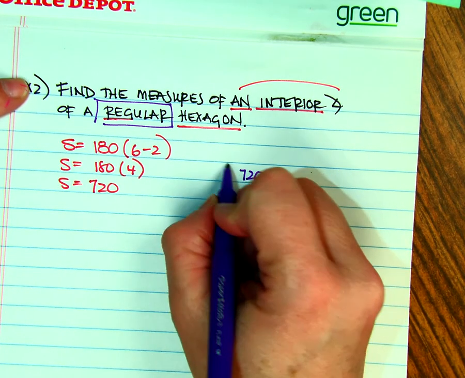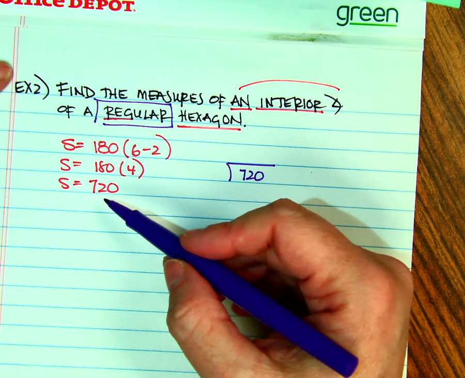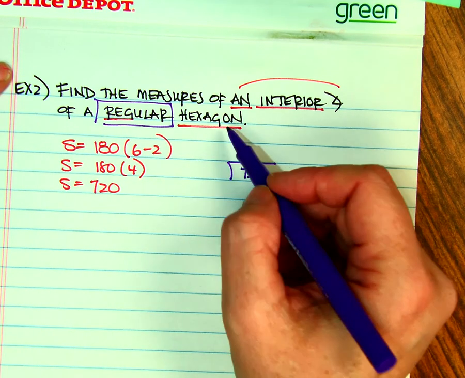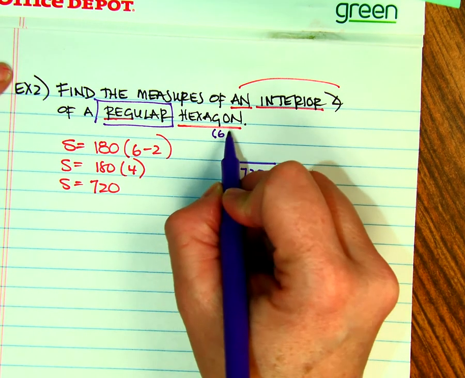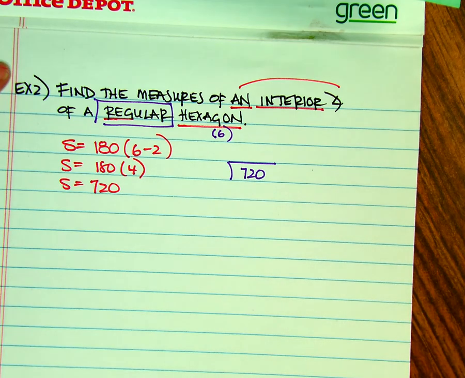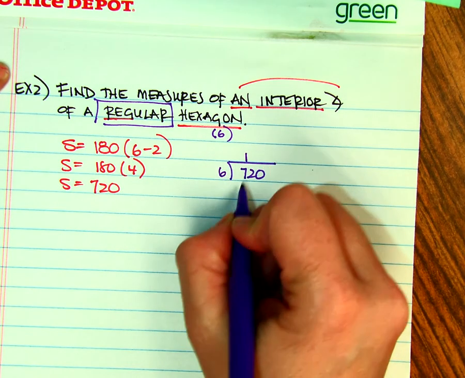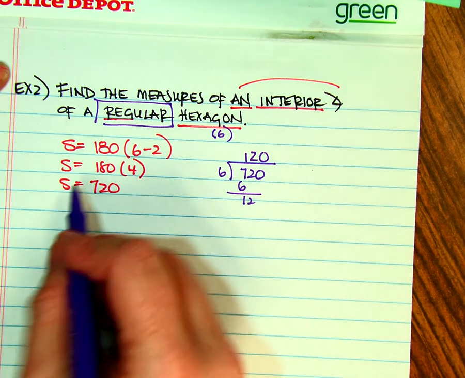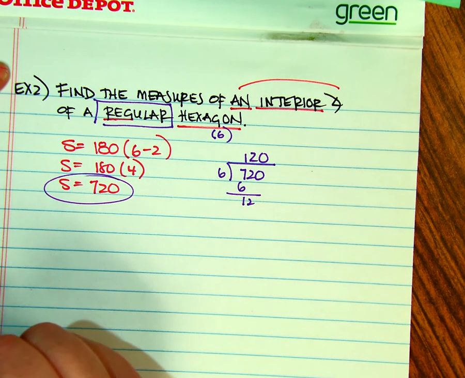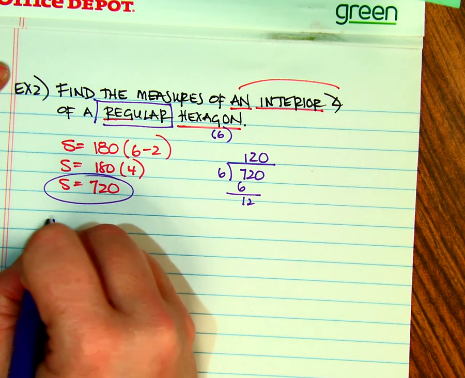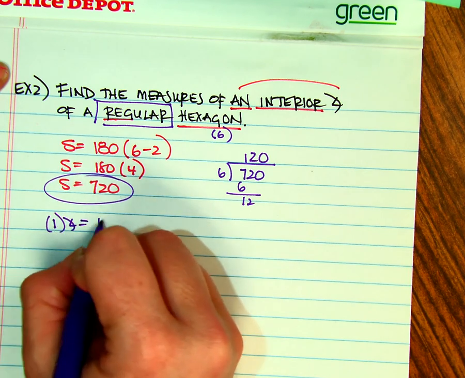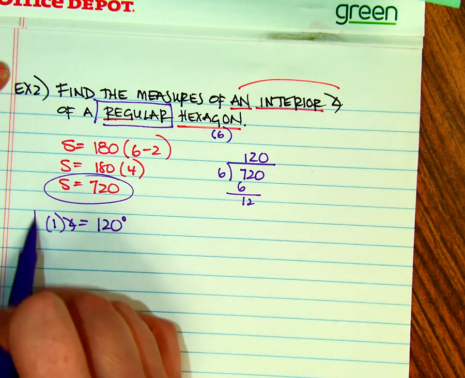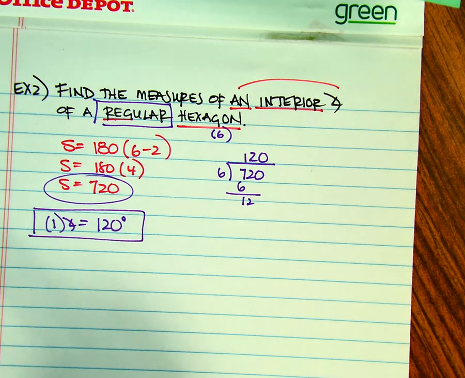So I'm going to do 720 divided by the number of angles that there are, which this is a hexagon, which means that there are 6 sides, which means that there are also 6 angles. Do some division, and I get 120. So the sum is 720, but one angle equals 120 degrees.